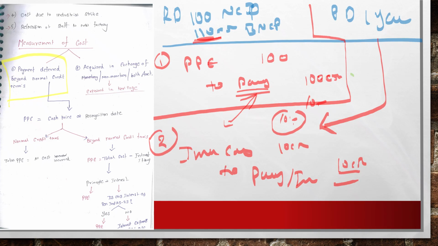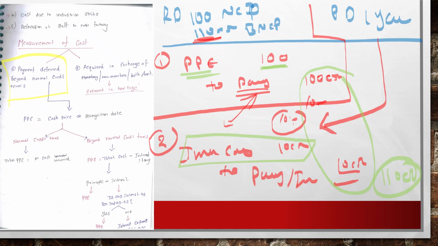Then what is your total payable to vendor? 110 crores. So what is your PPE? 100 crores only. What is the balance 10 crores? It's the finance cost. It is a finance cost. So it will be accounted in P&L under the particular head of transaction.